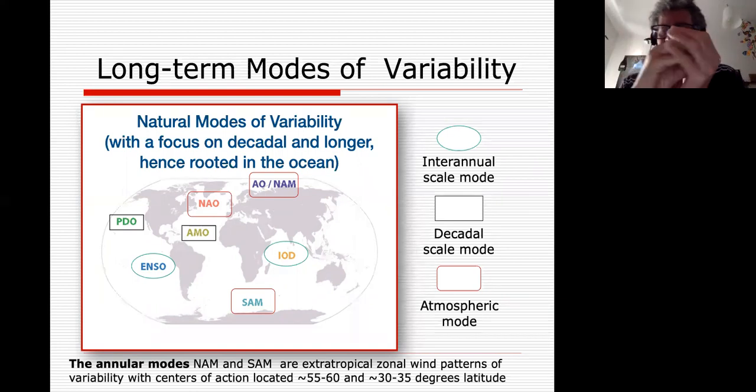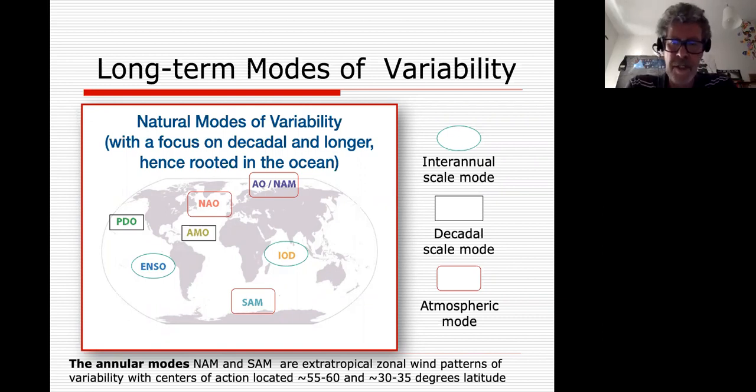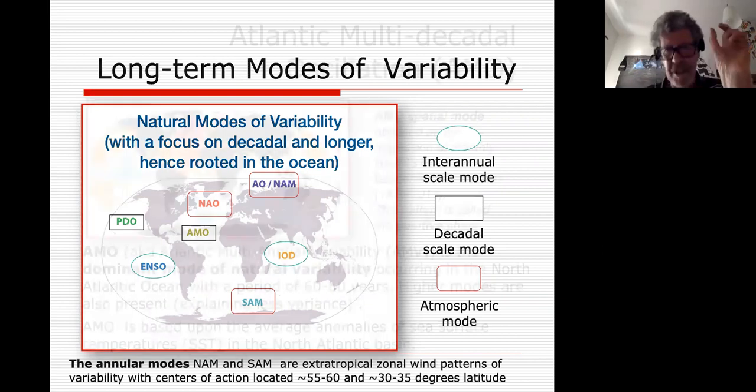The stochastic component of the atmosphere and the ocean is quite important. So we speak about modes of variability instead of speaking about a regularly recurrent phenomenon.